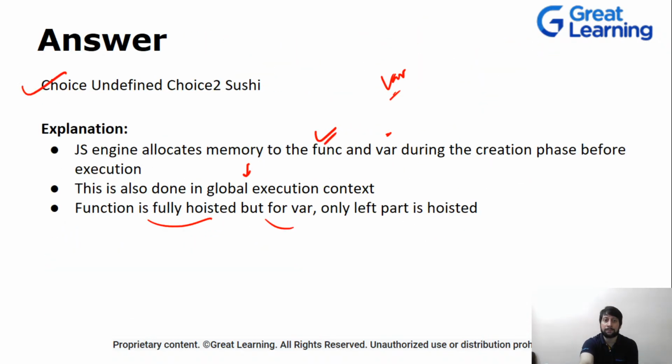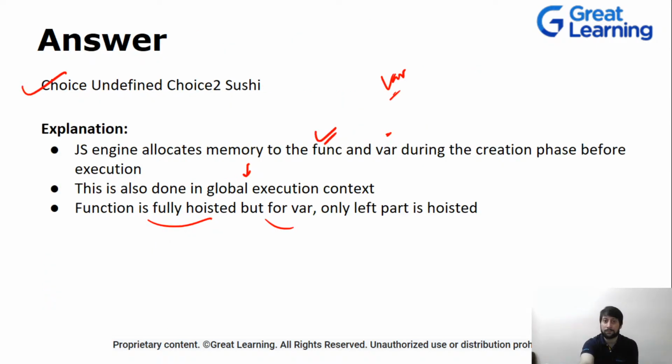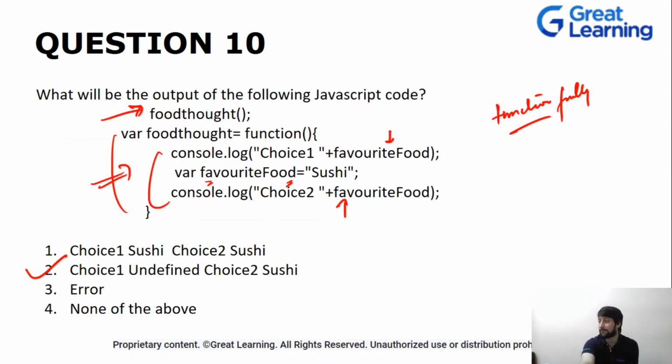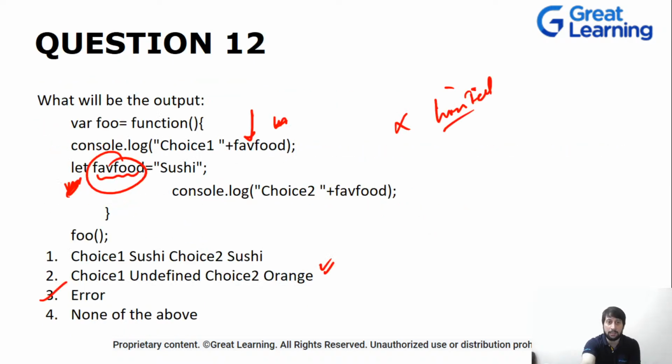Then we were talking about type coercion and hoisting. Same thing here with hoisting: functions are fully hoisted and variables are partially hoisted. Then we talked about this again, the same thing about hoisting.